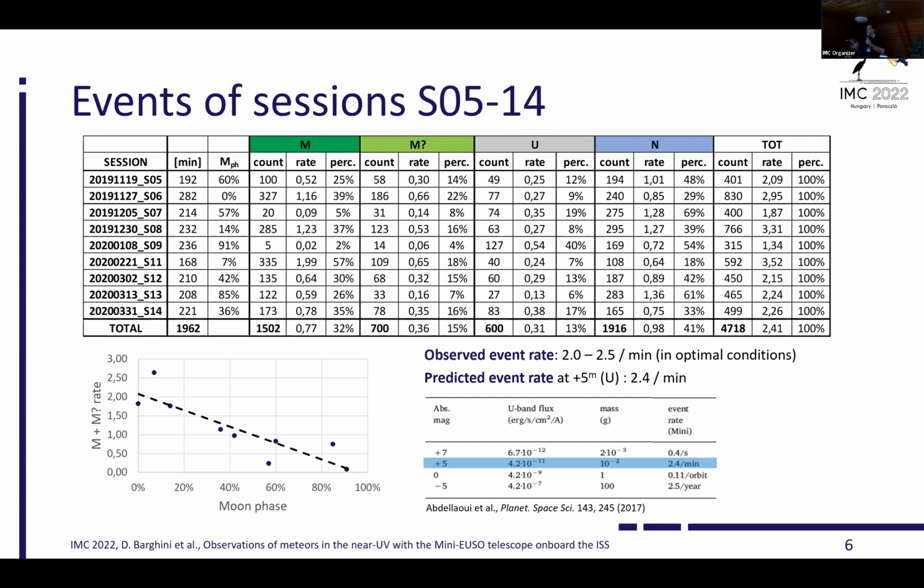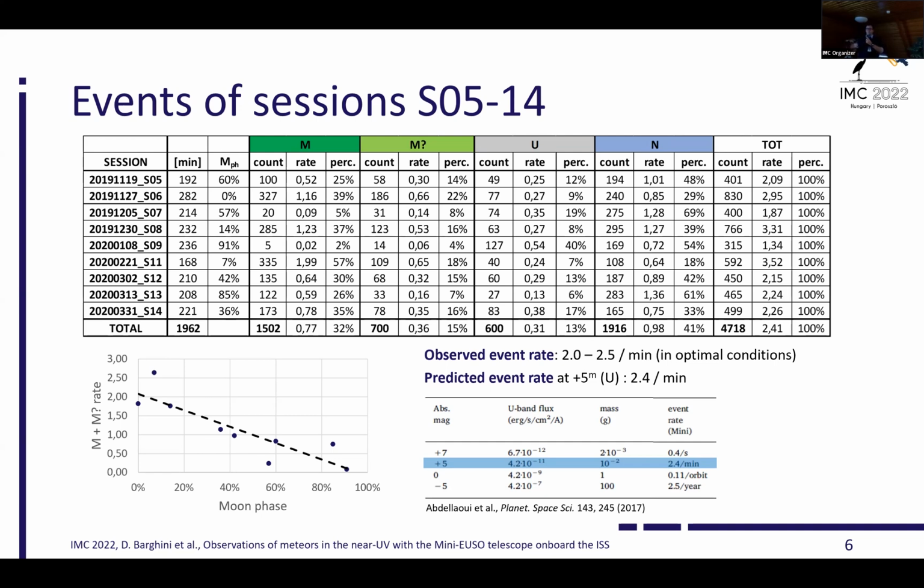And these are the results of the meteors that we found in the first 10 sessions of Mini-EUSO. Actually, the first 4 were test sessions. The important thing is that we observe meteors at a rate of about some meteors per minute. The intensity of these meteors I will show after.